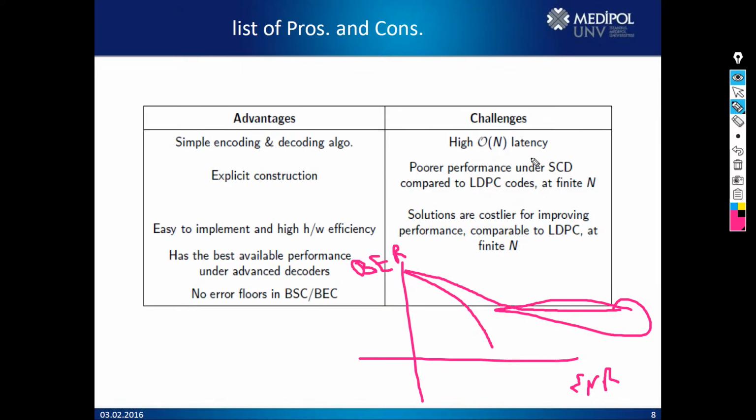Now we move to the construction of polar codes. How do we construct them? In simple terms, the selection of k out of n indices is what we mostly use in polar codes.